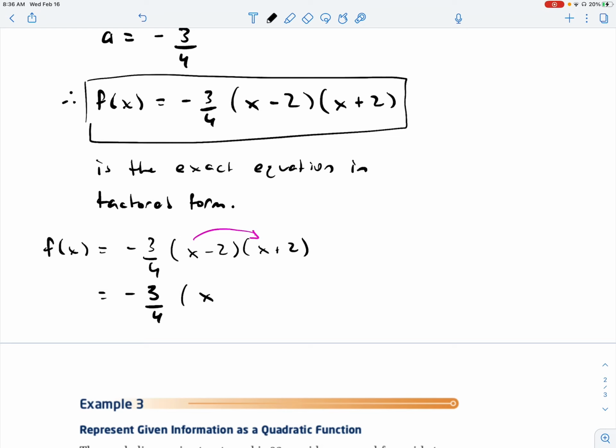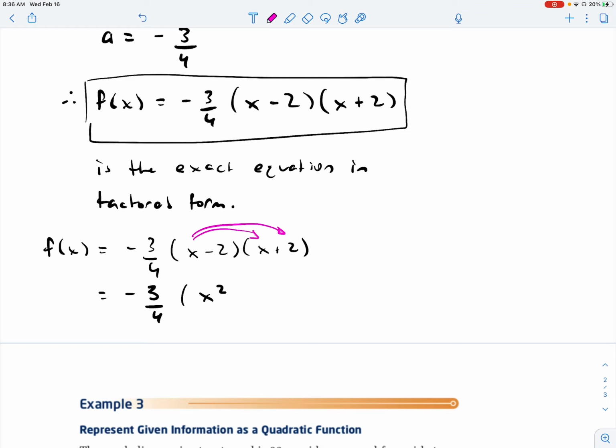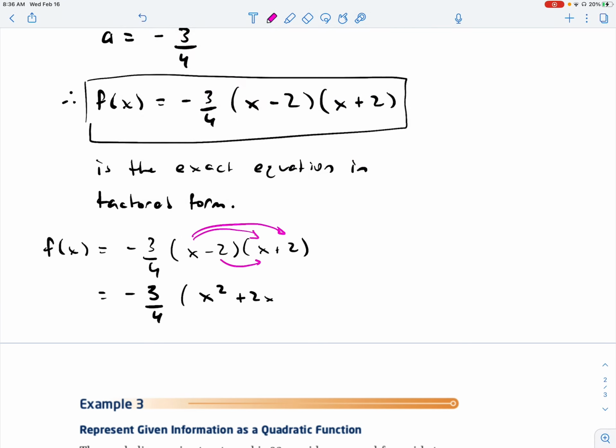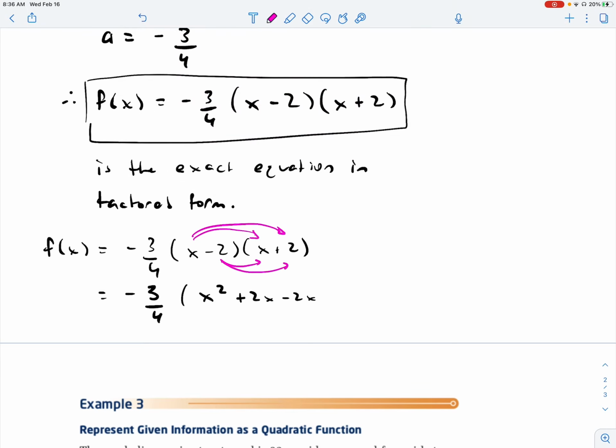So x times x is x squared. x times 2 is 2x. Negative 2 times x, negative 2x. And negative 2 times 2, minus 4. Notice this is like a difference of squares setup, x minus 2 times x plus 2.